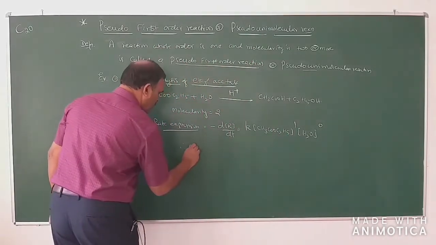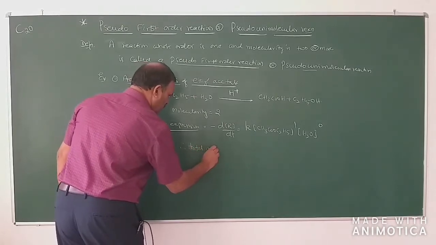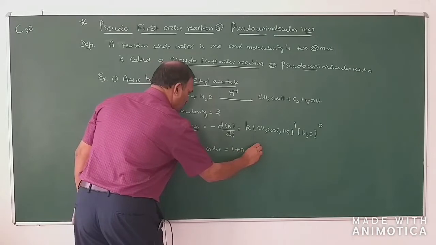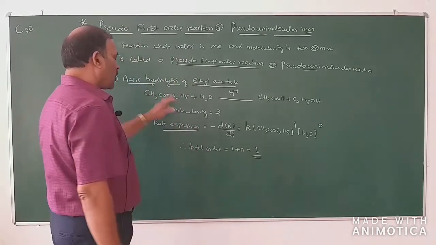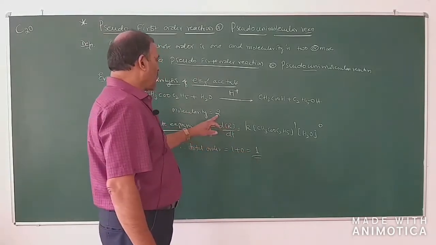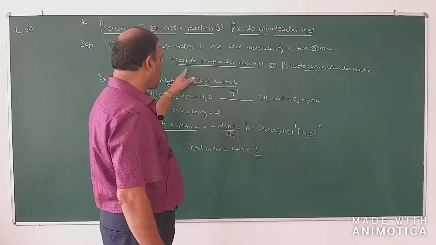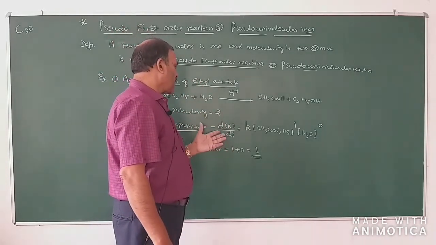Therefore, what is the total order? Total order of this reaction is equal to 1 plus 0, that is equal to 1. So the order of this reaction is 1, molecularity is 2. Such reactions are called pseudo first order reactions or pseudo unimolecular reactions.